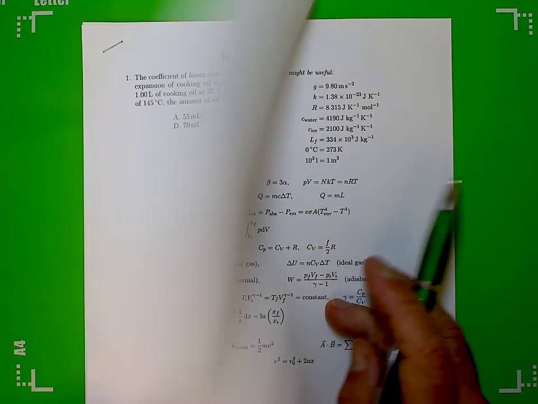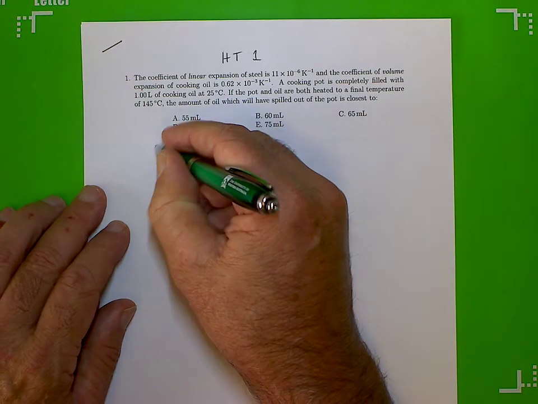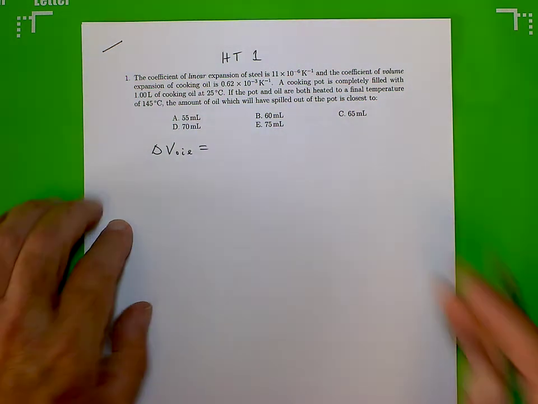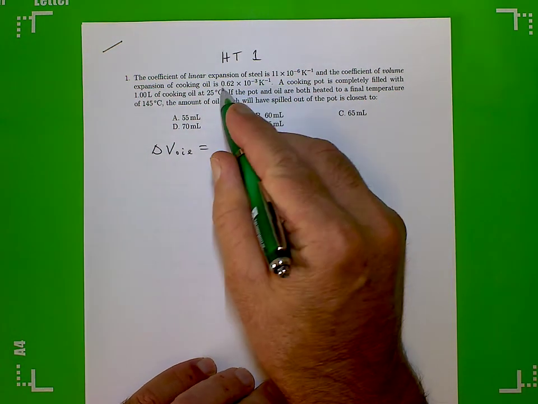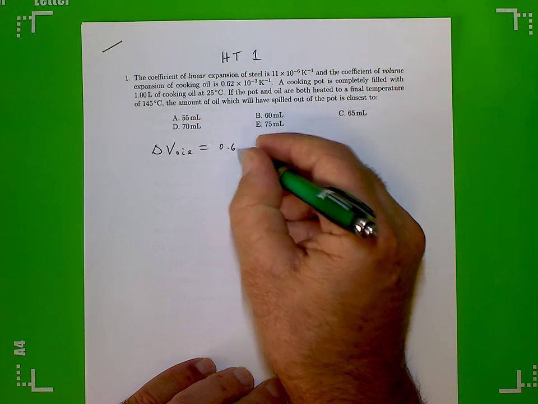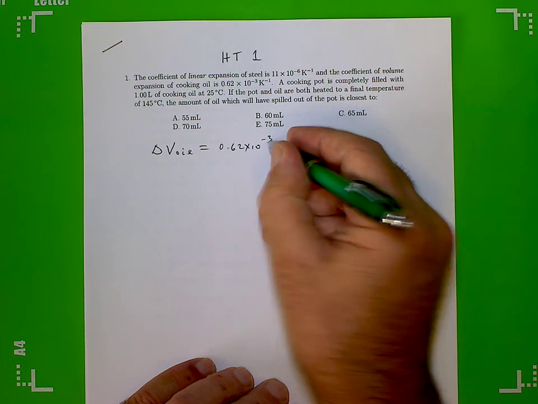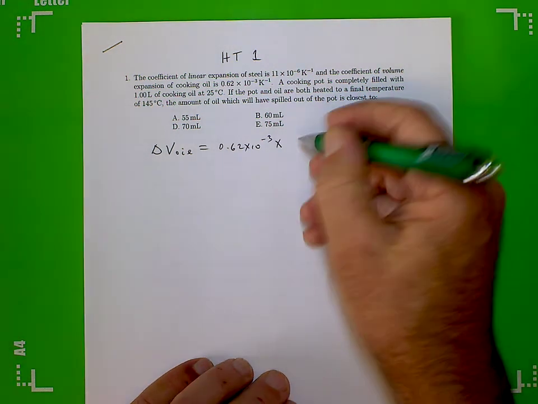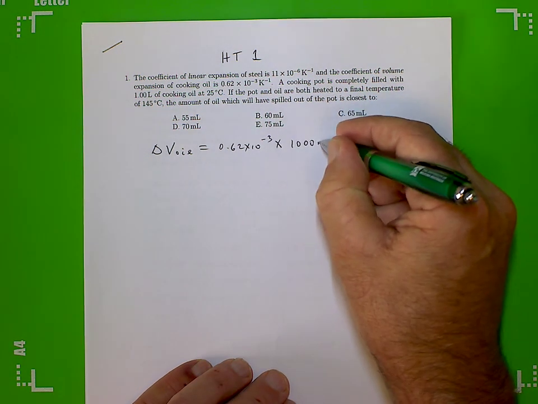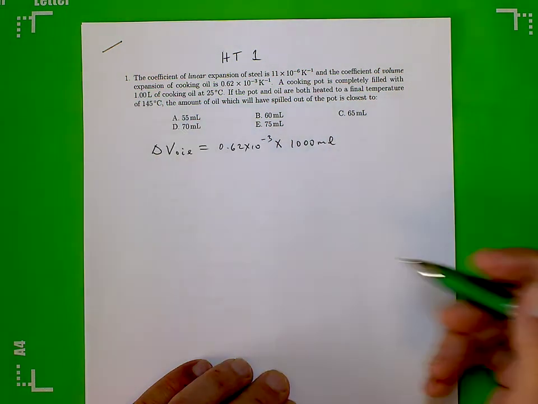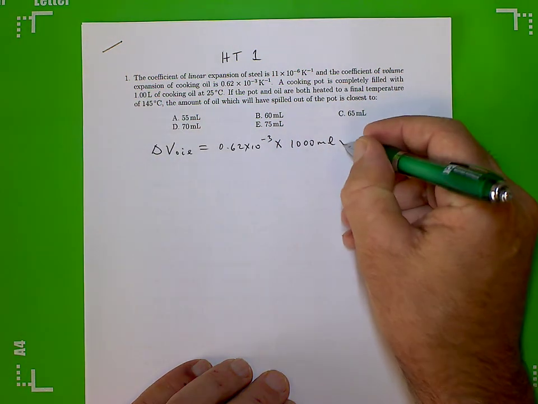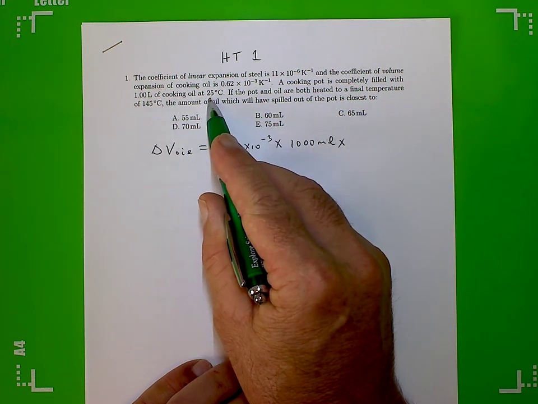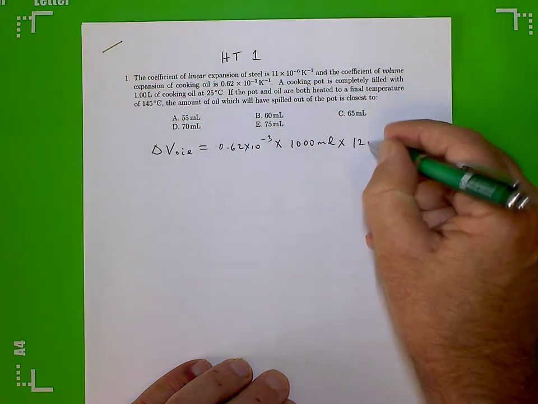Okay, so the change in volume of the oil is equal to the volume coefficient of expansion, 0.62 times 10 to the minus 3, times the initial volume, which is 1000 mils, because a litre is 1000 mils, times the temperature change, which is 145 minus 25, so that's going to be 120.